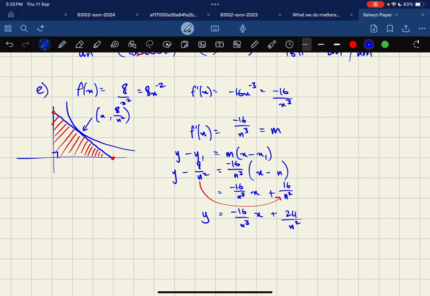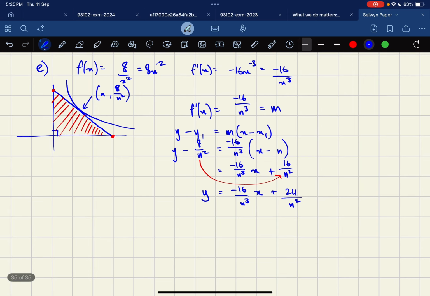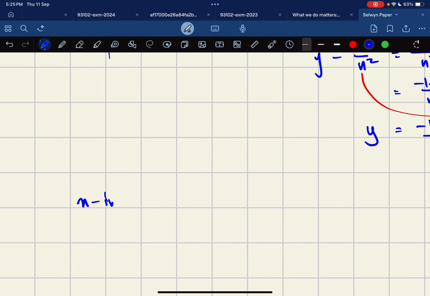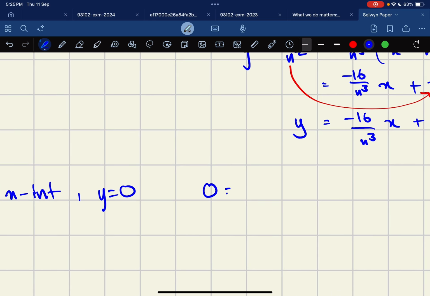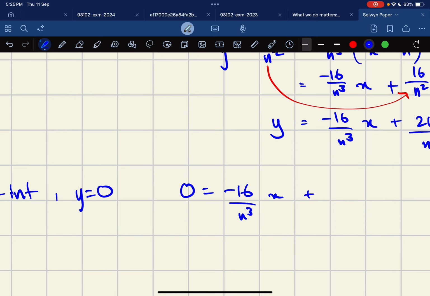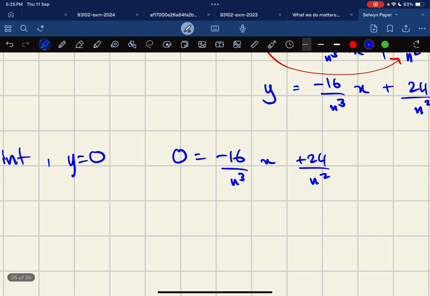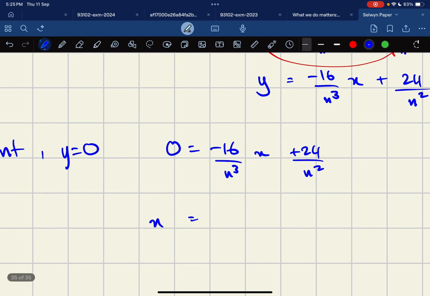So that is the equation of the tangent at that certain point, and we need to know the x-intercept and the y-intercept. So the x-intercept is when y equals 0. So then 0 equals negative 16 over n cubed times x plus 24 over n squared. So then solving for x, 16x over n cubed is equal to 24 over n squared.